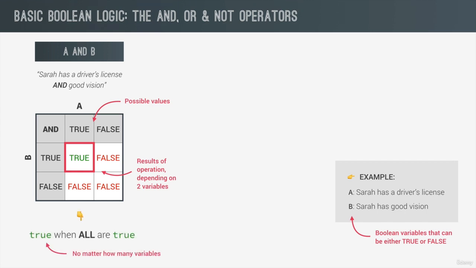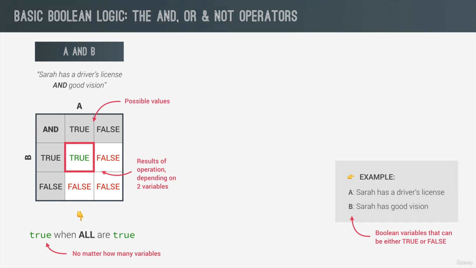And if one of them is false, then the result is immediately false as well. Now, I know that all of this might look a little bit confusing, but don't worry, we will have an example a little bit later in this lecture, and we will also use this in practice in the next one. And after some practice, you will internalize all of this, and you won't even need any truth tables.